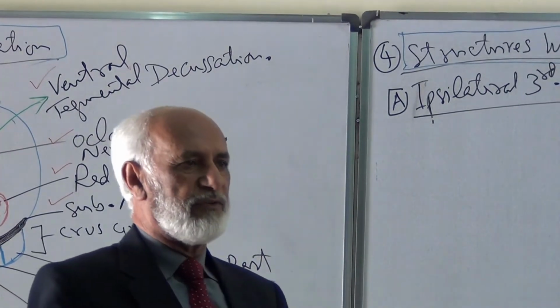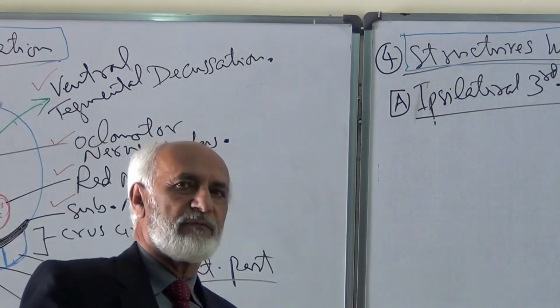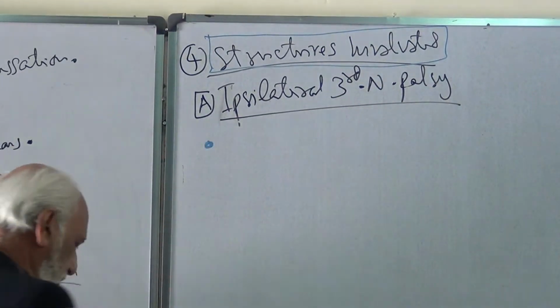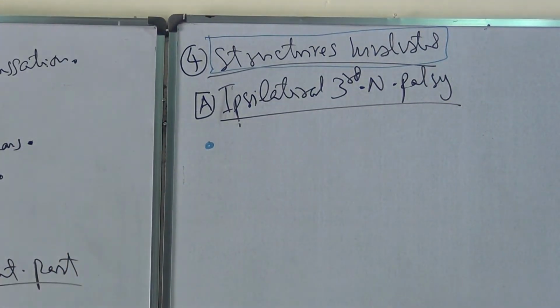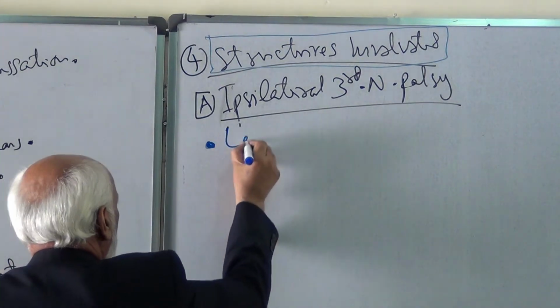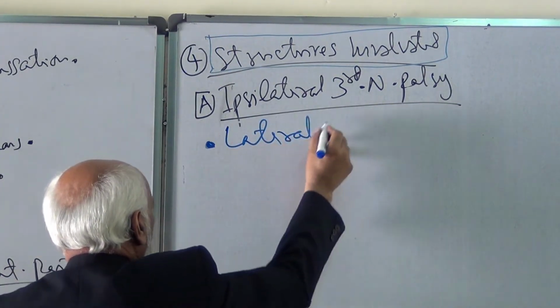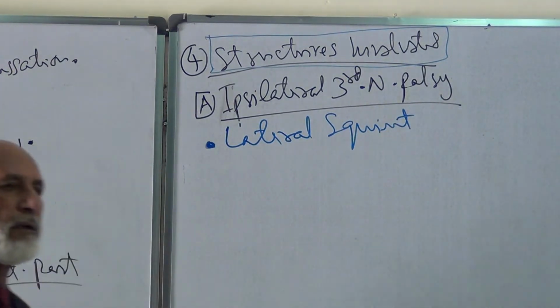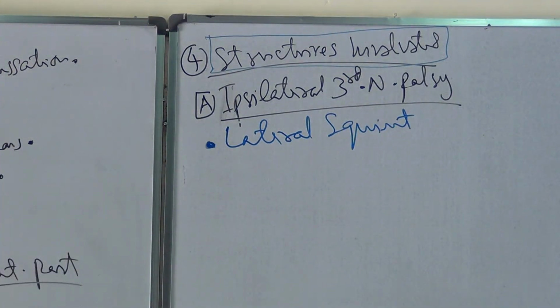Now, what are the features of the ipsilateral third nerve palsy? Number one, lateral squint or strabismus.